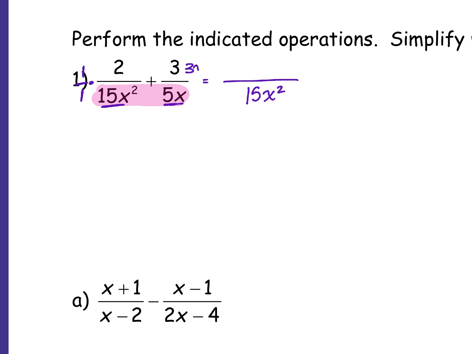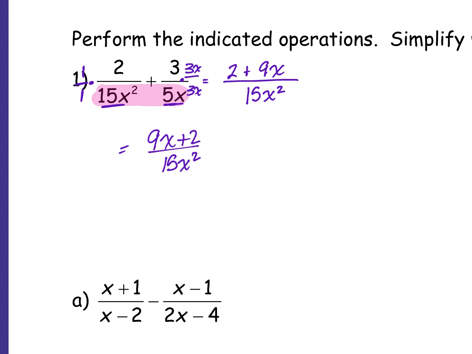So I'm going to multiply it by 3x over 3x. That's a 1, so it's not going to change the value of the fraction, just the look of it. So 2 times 1 is 2, plus 3 times 3x is 9x. So my answer is 9x plus 2 all over 15x squared. If I could simplify it, I would, but I can't.